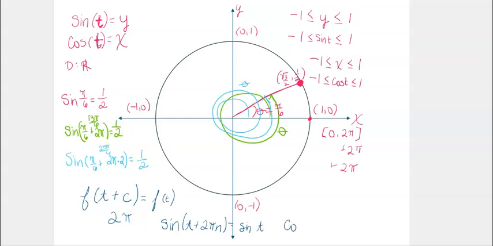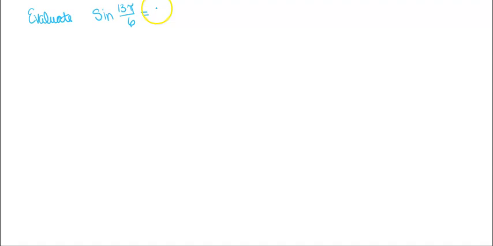And the cosine of t plus 2 pi n is equivalent to the cosine of t. Sine and cosine are periodic functions with a period of 2 pi. Their domains are all real numbers, and their ranges go from -1 to 1 for y and -1 to 1 for x. Now let's go backwards with it.